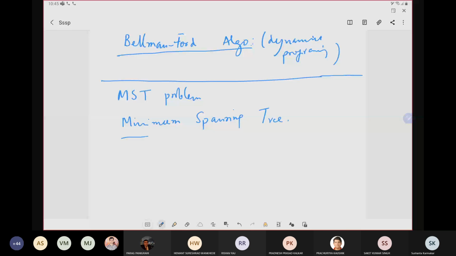Okay. Just in one line, we can say this problem is: given a graph G, which is (V, E), a set of vertices, a connected graph, assume.